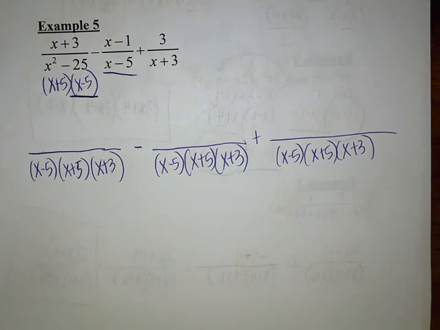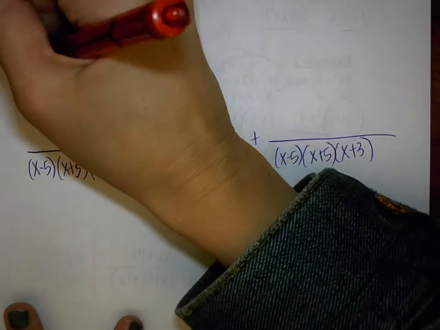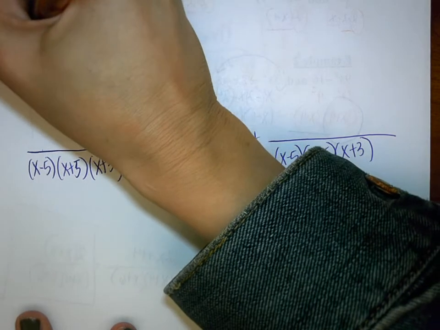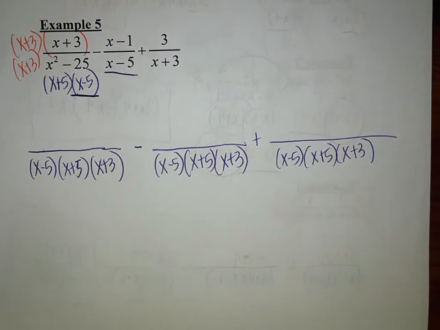So on my first fraction, what am I missing? An x plus 3. Good. We are missing the x plus 3. So whatever I multiply the bottom, I have to multiply to the top. So x plus 3 and x plus 3, you'll need to use FOIL or your box method. I'm going to do this one in my head.